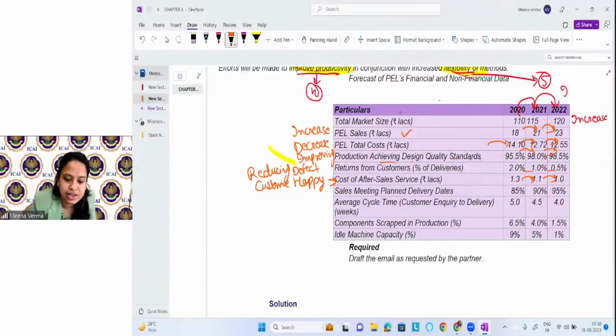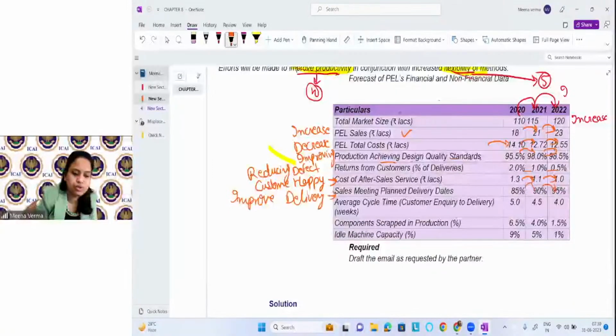Next, delivery date. Oh, you have improved the delivery. You can see the delivery is improved here. What is average cycle time? Customer inquiry to delivery is reducing. Very good. This is also good, right?